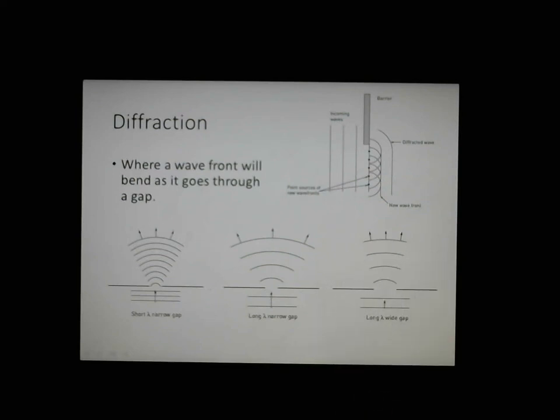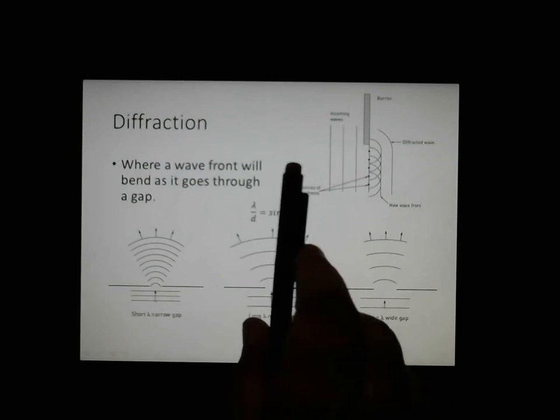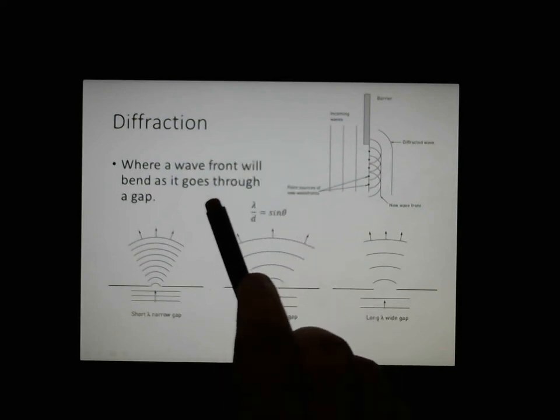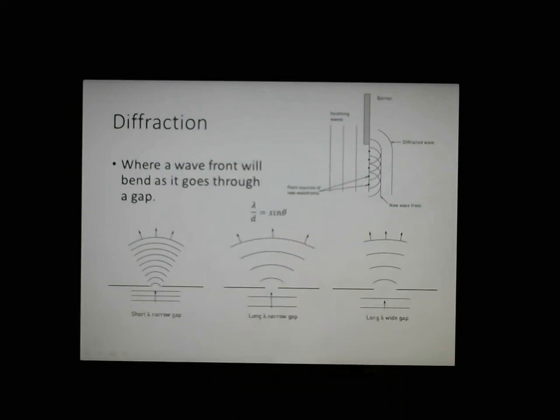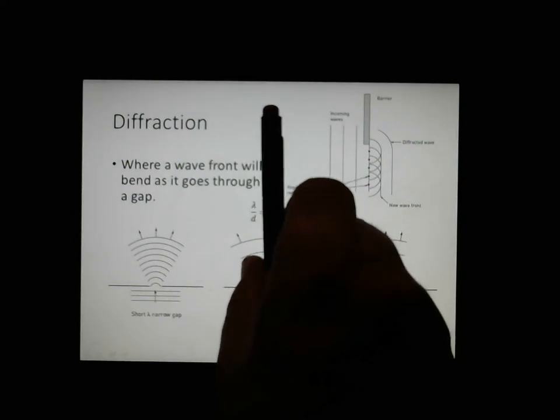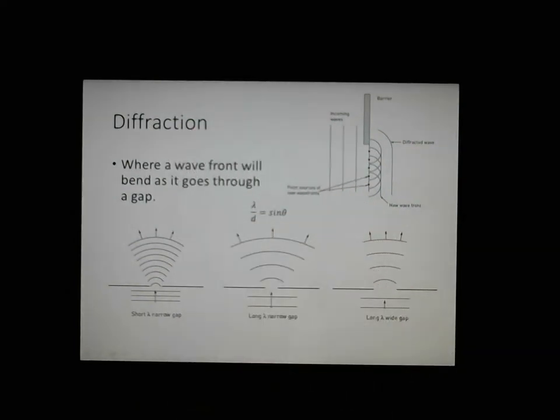And so if we put that together in a relationship, it just looks like this. If you take the wavelength and you divide it by the size of the gap, that will equal the sine of the angle for it bending away from the normal. Okay, so if the gap was infinitely large, there'd be no bending, so let's just talk about how far it's bending off to the side. You don't need this equation.